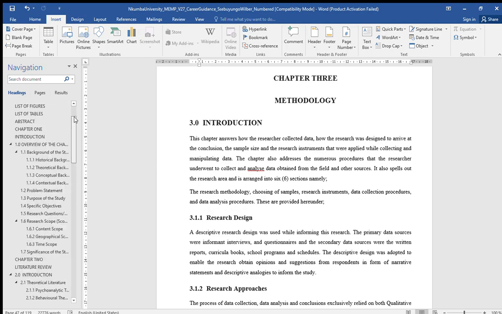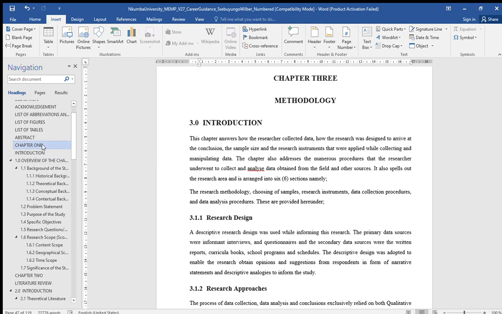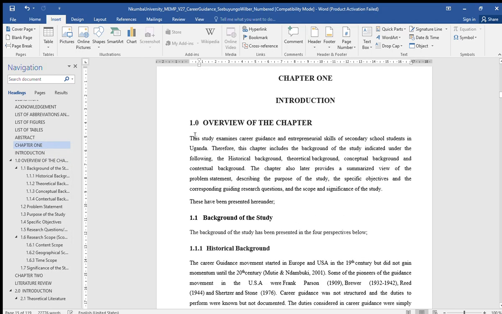But in chapter 1, we differ. We call it overview of the chapter instead of introduction, because the name of the chapter is introduction. So we cannot have introduction of introduction. No. That's why we use another word, overview of the chapter. But as we construct it, we are actually giving an introduction of the introduction.